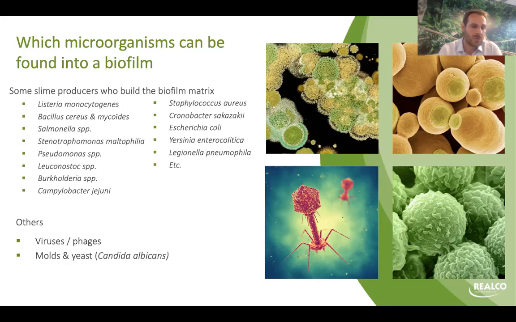We may also find some molds and yeast. For instance, a famous one is Candida albicans, which is a yeast that we can find in the milk area. They alter the product. When you are processing something like yogurt, you have organoleptic problems because of that kind of yeast.